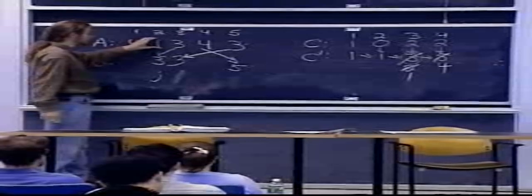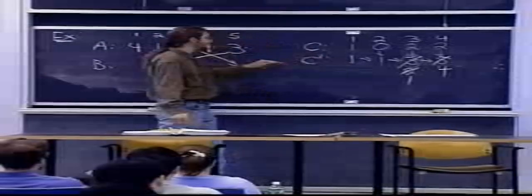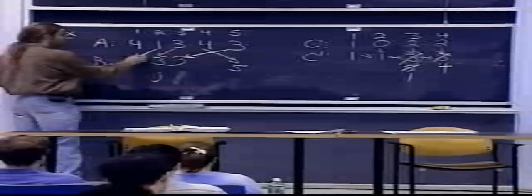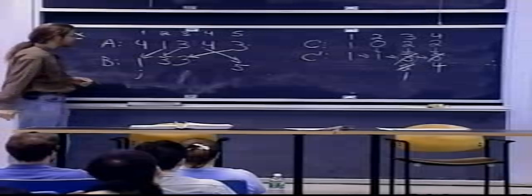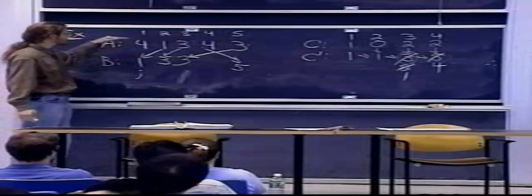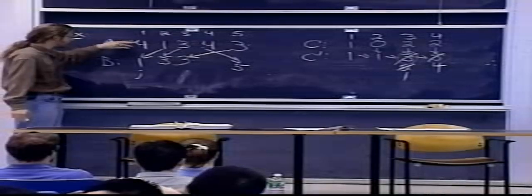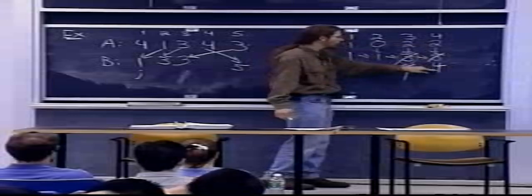And then we go back. j is 2. We look at A sub 2. That gives us 1. We look at C sub 1. That gives us 1. So 1 goes in the first position. And finally, we go here. And it better be that 4 goes into the empty spot. But let's check. We look at A sub j. That gives us 4. We look at C sub 4. That gives us 4.